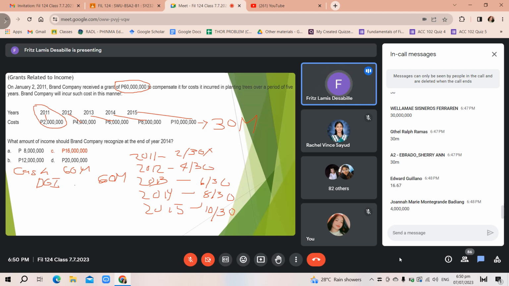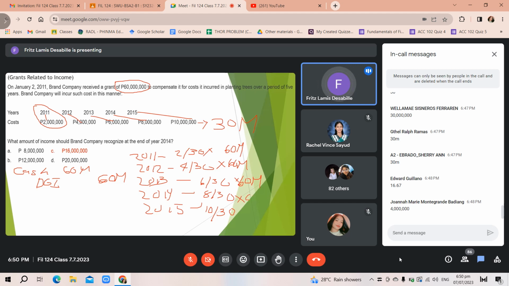Now, this 60 million will be recognized as income over 5 years, by reference to the expense that we have incurred. Now, in 2011, nag-incur tag 2 million. So that is 2 million out of the 30 million estimated. I-multiply lang nato ni siya sa 60 million, similar to the rest. This way, we have achieved what?